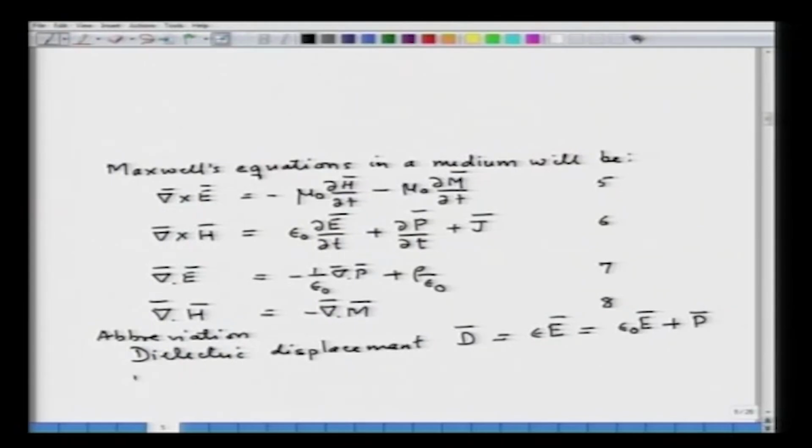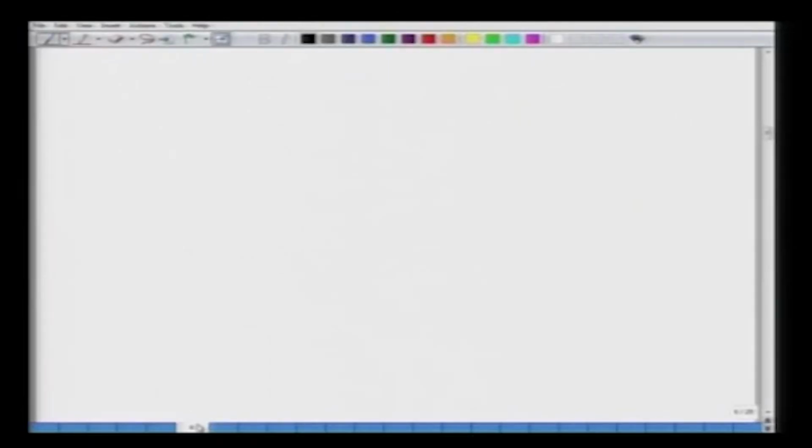We can also write the magnetic induction. It is given by the term H plus magnetization. By writing using those abbreviations, we get a further modified version of the Maxwell equation, which can be easily solved.